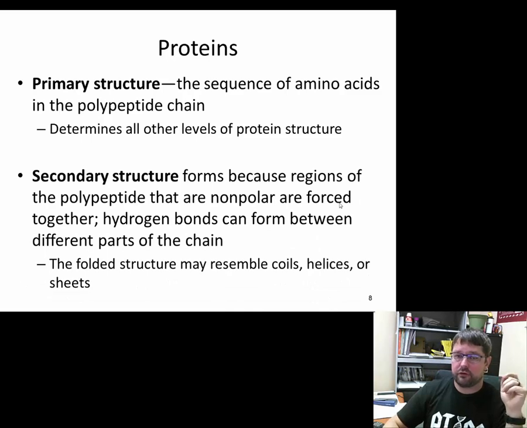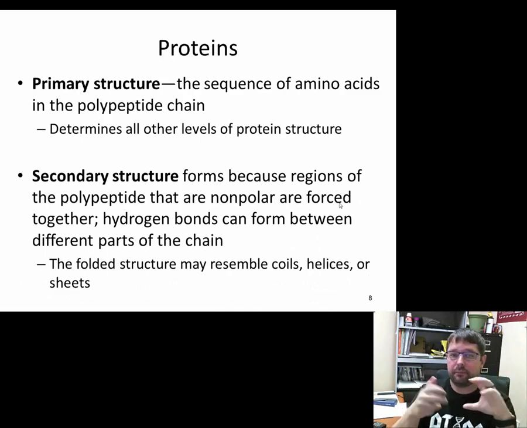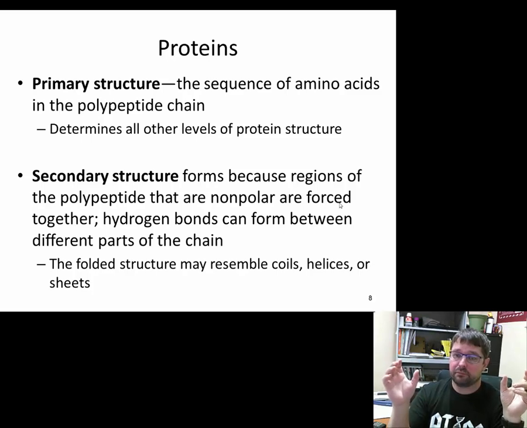The secondary structure is when a polypeptide chain folds over on itself. So again, I said that some amino acids are nonpolar, some amino acids are polar. And so you're going to have regions that are nonpolar that are typically going to be on the inside of the protein, protected from water.